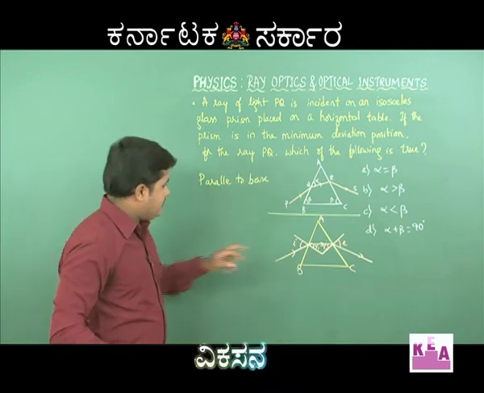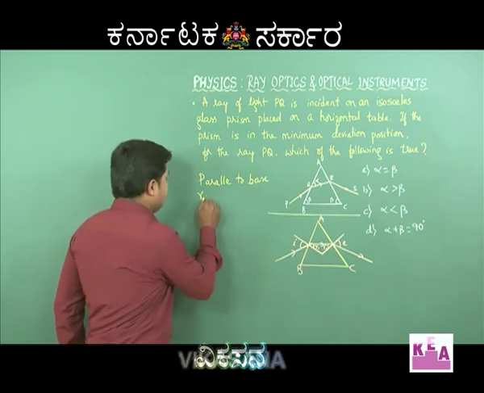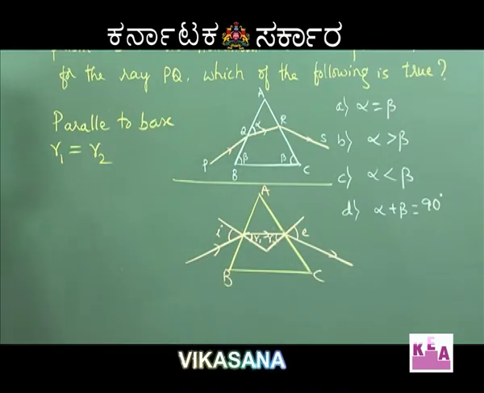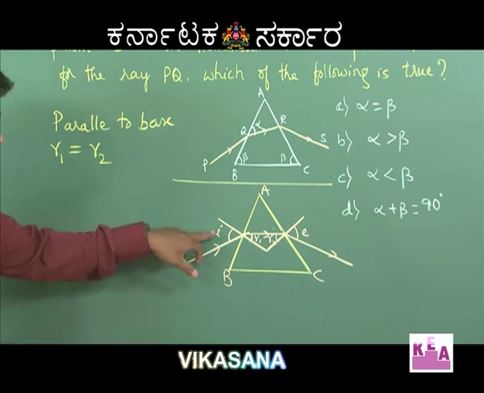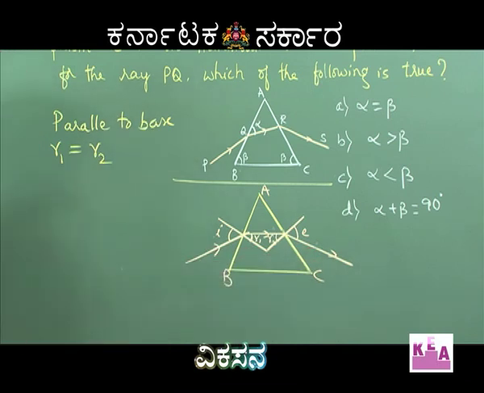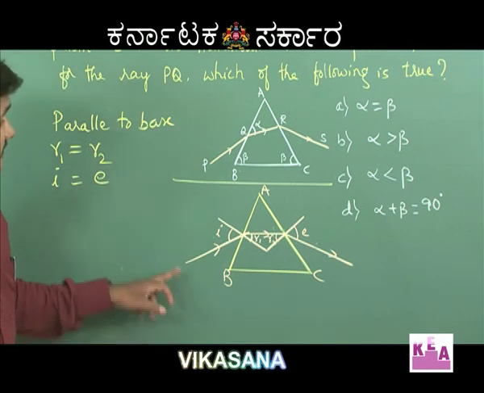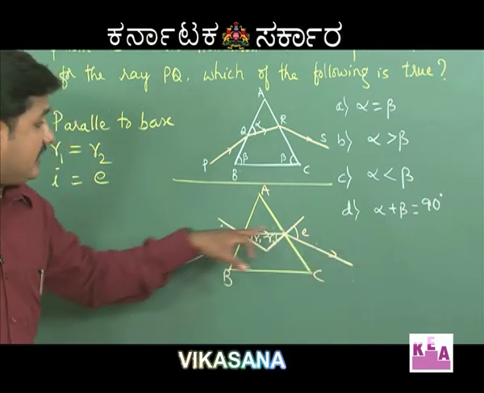Next, these two angles R1 and R2 should be equal under minimum deviation position. R1 should be equal to R2. Next, angle of incidence will be equal to angle of emergence only during minimum deviation position, that is I is equal to E. Next, very important thing is the ray passes symmetrically through the prism.